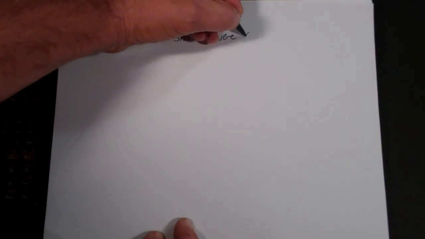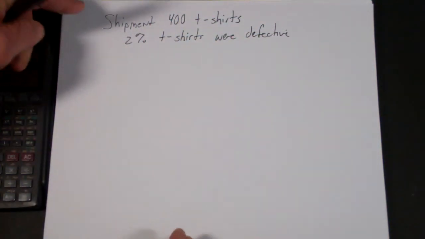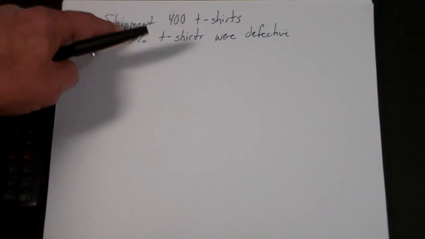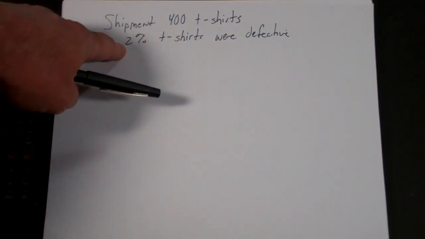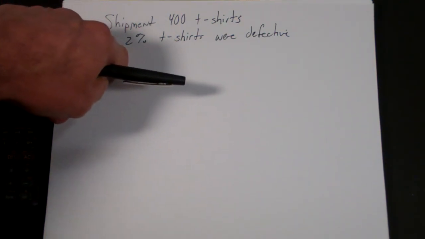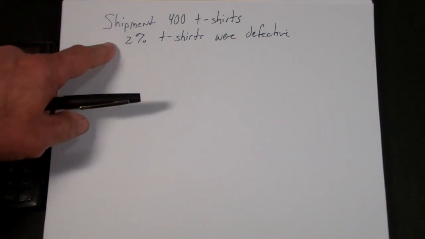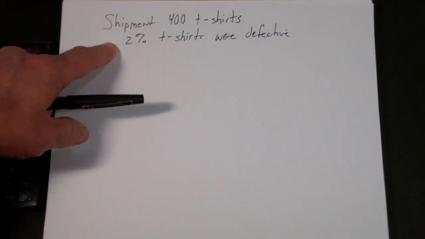Now the key here is, let's see if this is binomial or not. You have a fixed number of trials, and the probability of each trial is constant and independent of each other. That may not be true always, but we're going to assume it's true in this case, so that it fits our model.